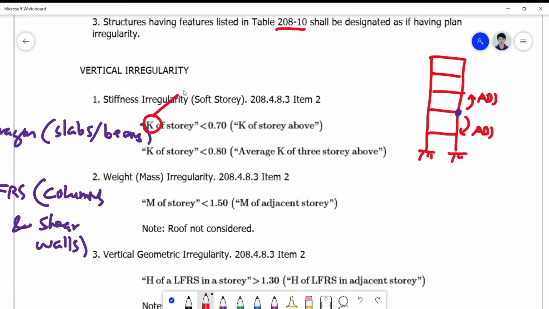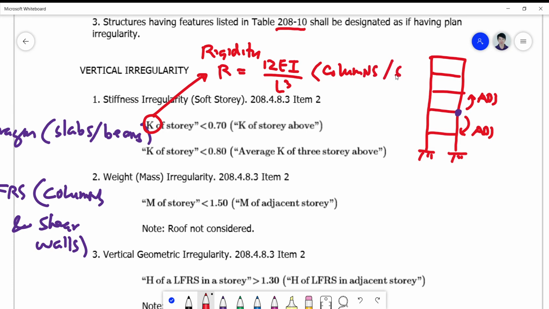When you're computing K, you're just like computing the rigidity R. Remember our computation last time about rigidity, which is basically 12EI over L cubed for columns and shear walls. So if the K of the story is less than 70% of the K of the story above, this is specifically above, then you have a soft story.